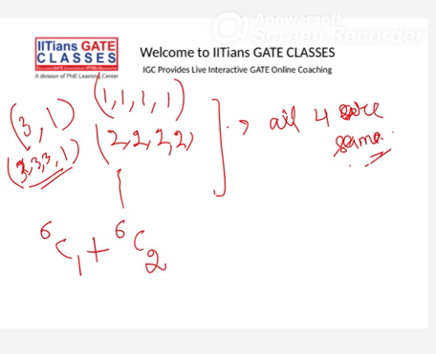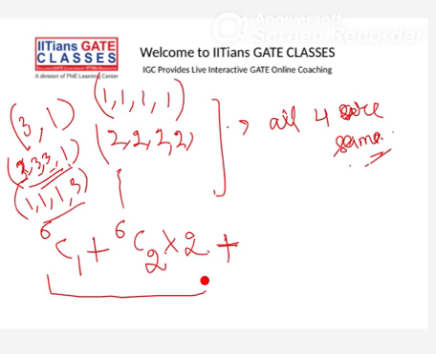Now, either I can have 3331 or 1113. So I have two possible ways to arrange those numbers with different counts. Every two numbers selected will have two such arrangements. So 6C2 into 2. The first two terms are clear to everyone.